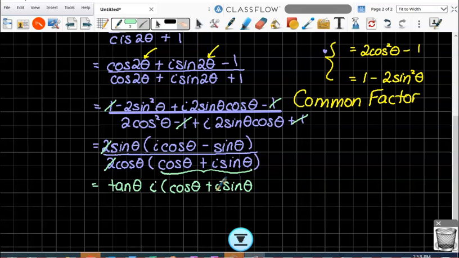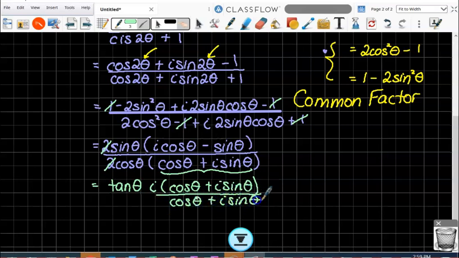I'm looking at my right-hand side and I'm going, I want it to be i tan theta. I've got my tan. How on earth is this meant to be i? And then I look at the bottom. Oh, yeah, that's cis theta. And then it sort of flows from there. So you might see things straight away, but play around, right? So then I've got cos theta plus i sine theta.